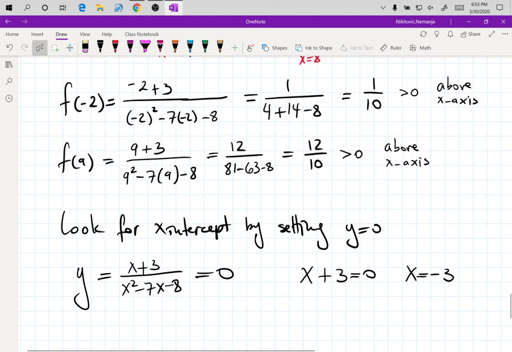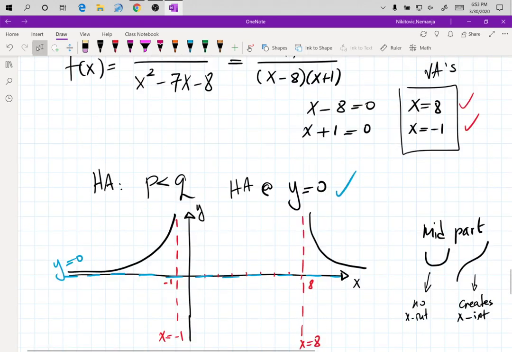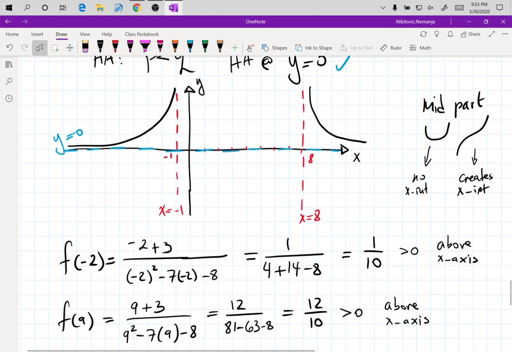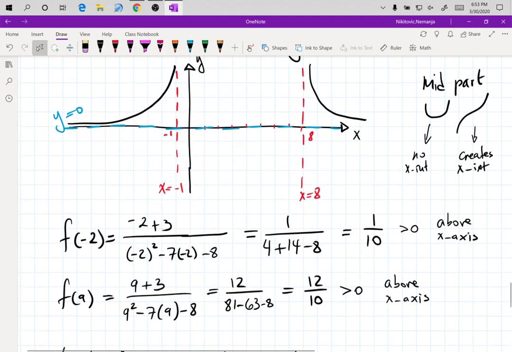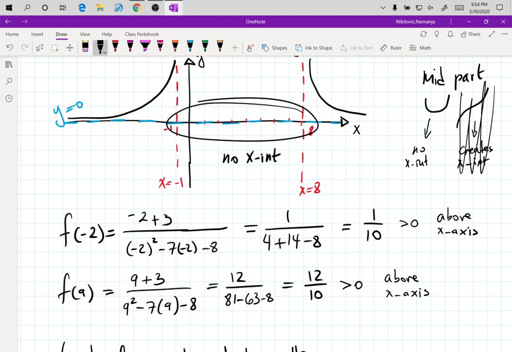Did I write all of this correctly? Yeah. Okay. So we have an intercept at negative 3, but we do not have an intercept here. So there is no x-intercept in this area, which means we cannot have the line that crosses through.